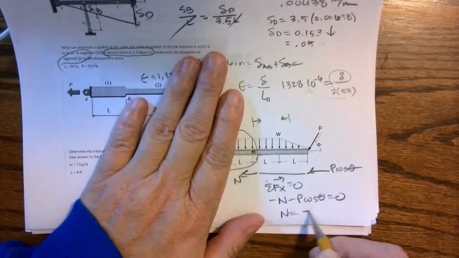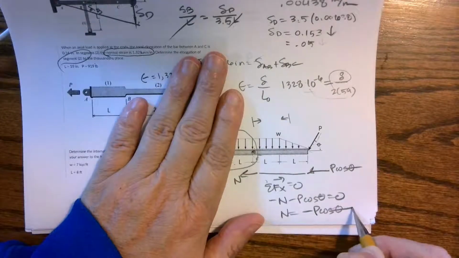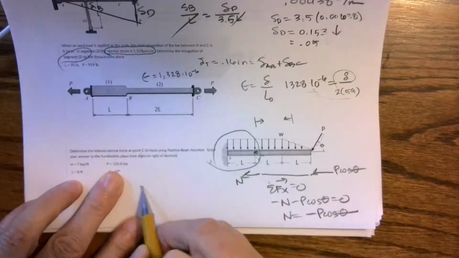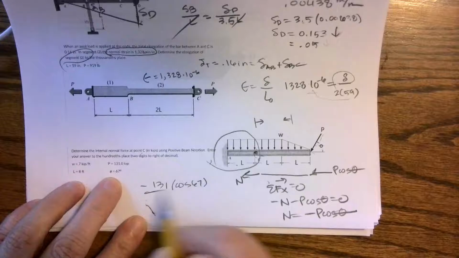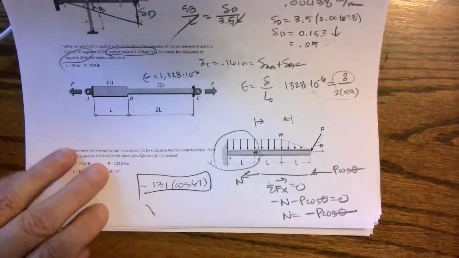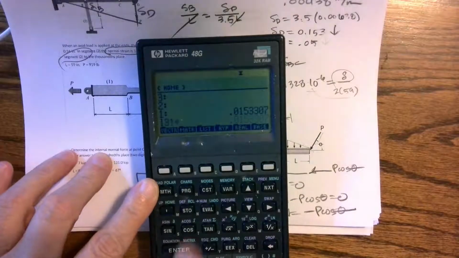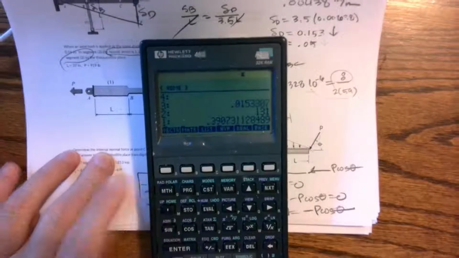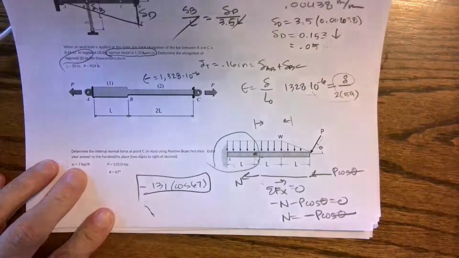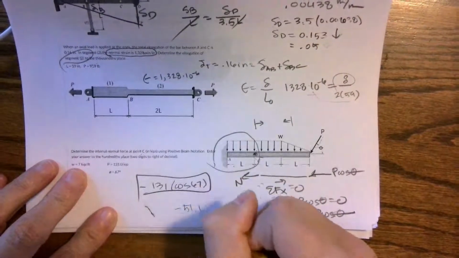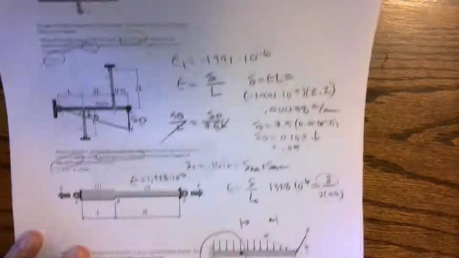So my normal force is negative P cosine theta. So I can take negative 131 cosine 67, and that's my answer: negative 51.19. That's it. Next one. Keep on moving.